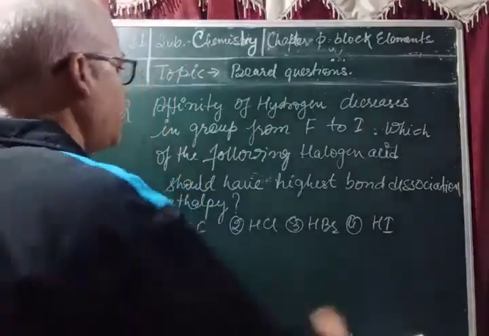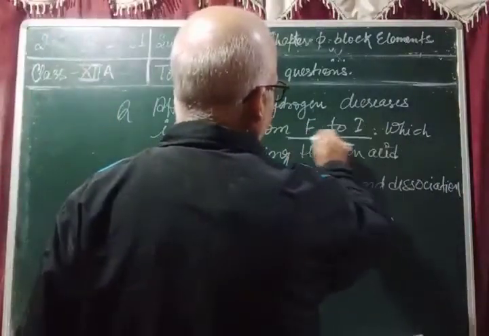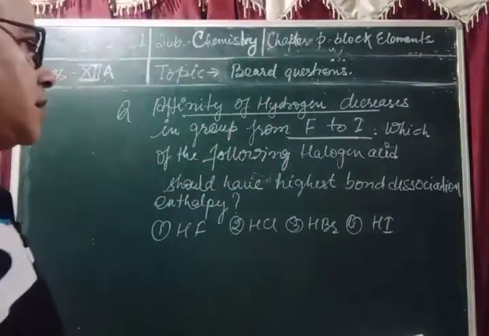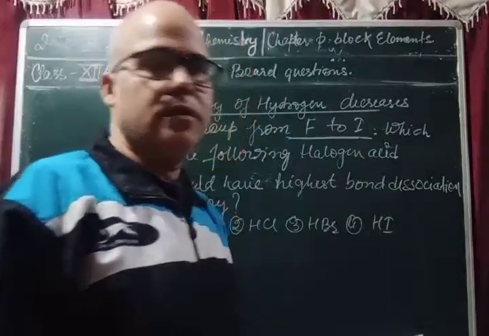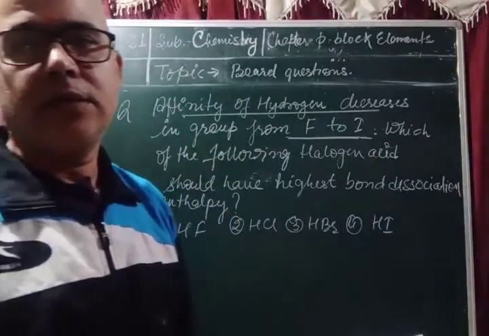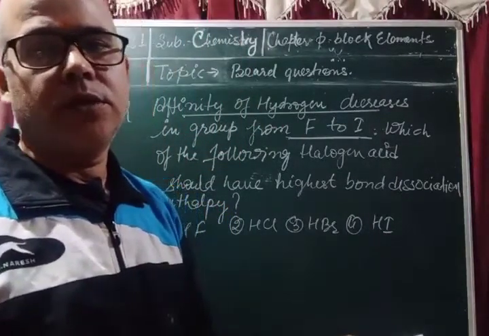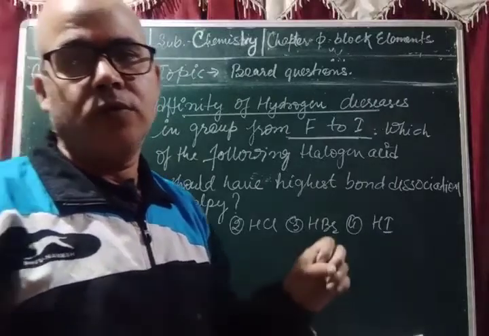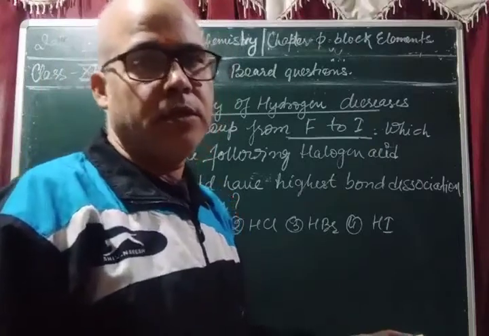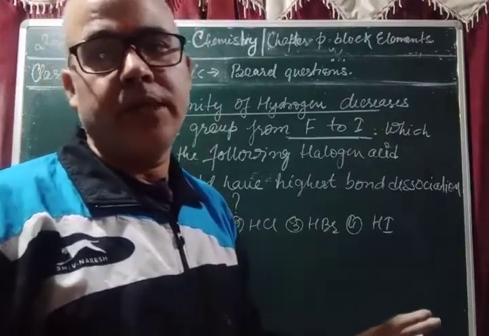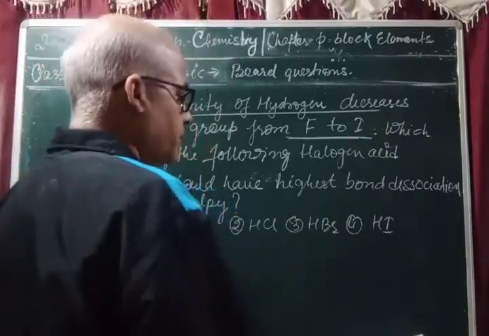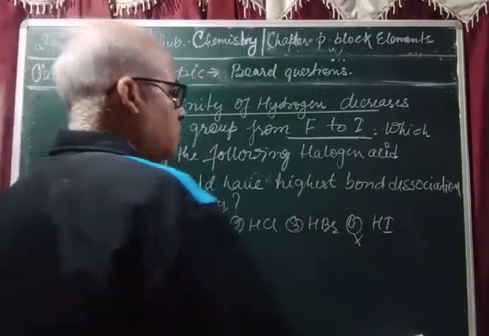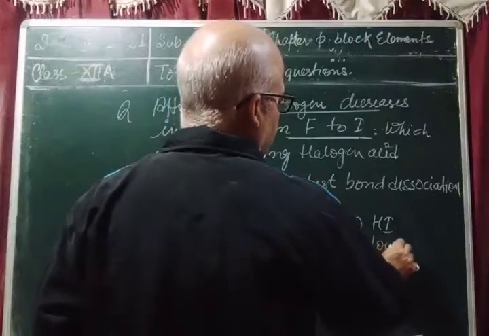As here is very clear, affinity decreases. In case of HI, affinity is very less, so bond dissociation enthalpy will be very less according to size of iodine and according to affinity. So this option is wrong. Here is lowest bond dissociation enthalpy.